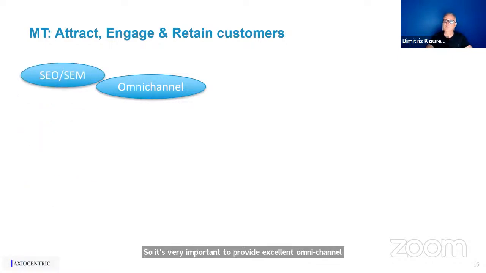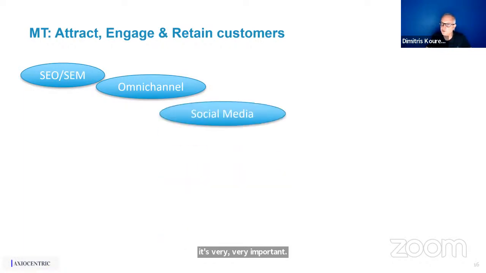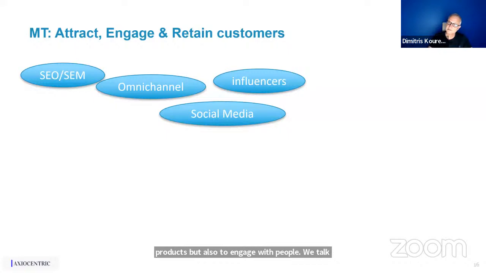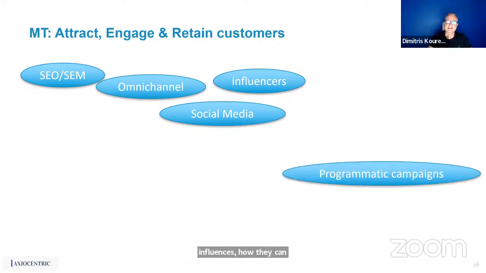We talk about SEO and SEM and how important it is, because this is how people start their journey looking to buy a new product or a new service. So your search strategy is very important, so that people can easily find you. We're talking about social media to promote new products, but also to engage with people. We talk about influencers, how they can influence their tribes about your product.